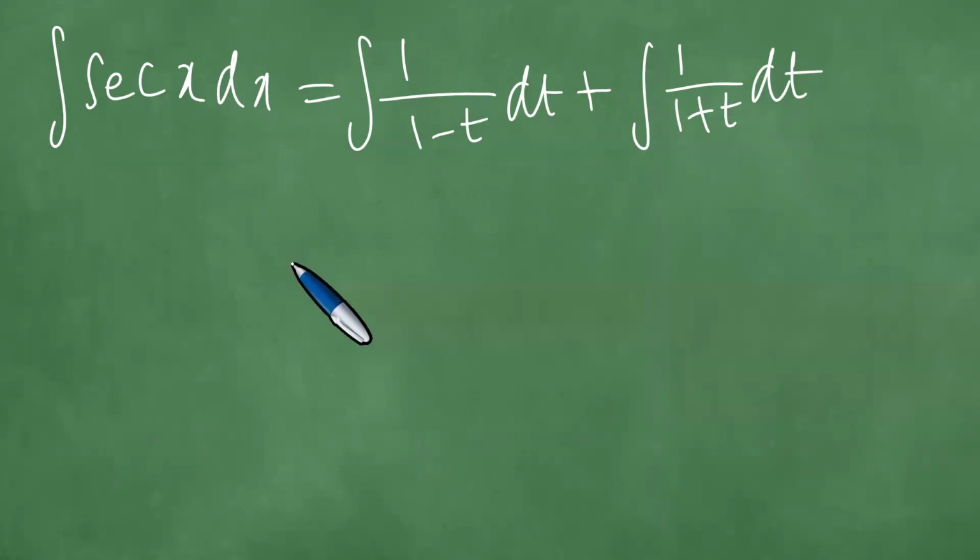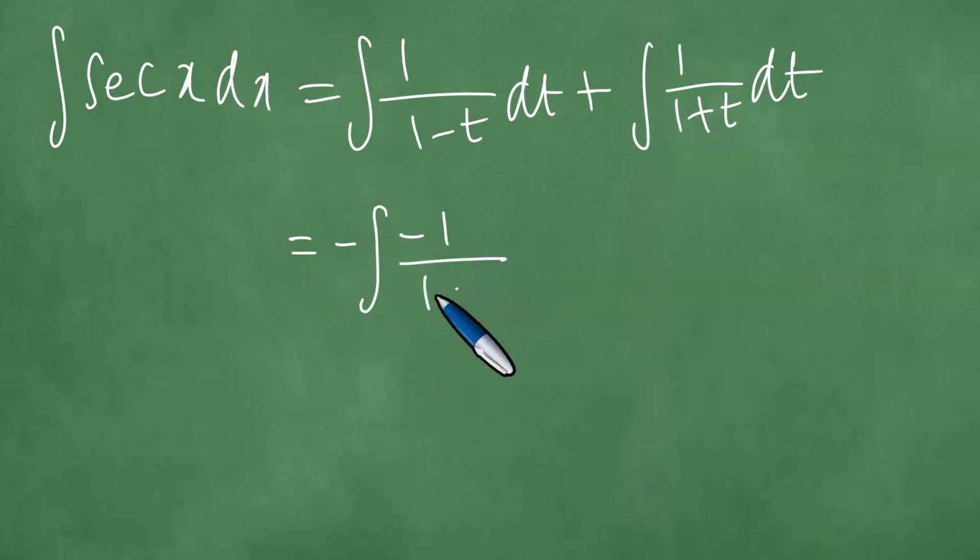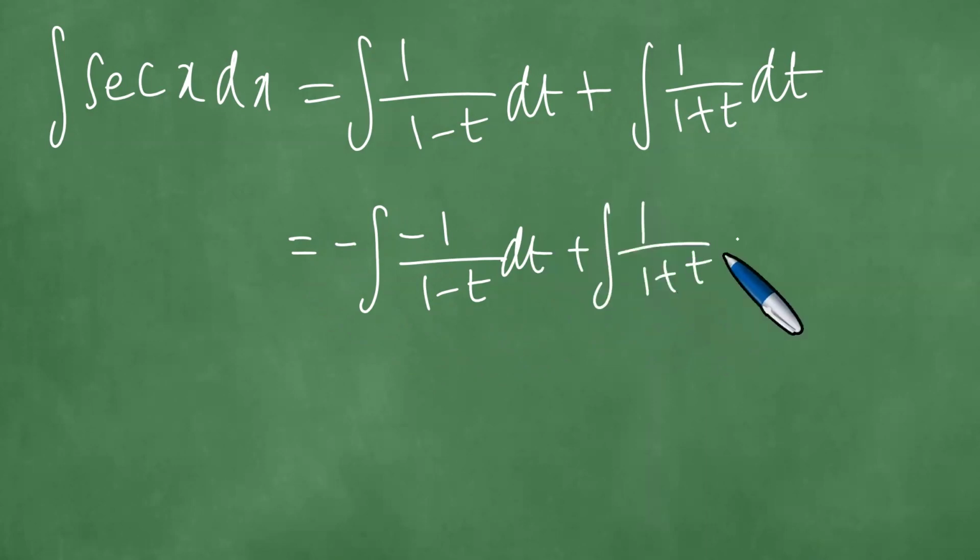Now this is very interesting for us to consider, and there are a couple of things we need to consider. But this is straightforward, because you can introduce a minus and write minus 1 over 1 minus t dt plus the integral of 1 over 1 plus t dt.